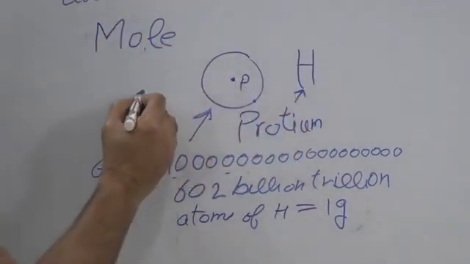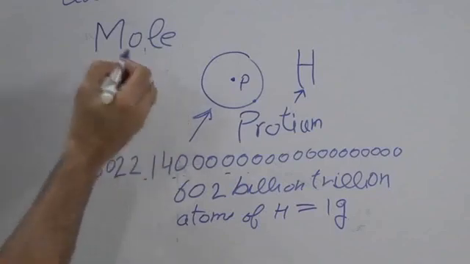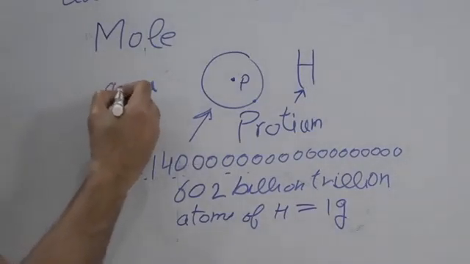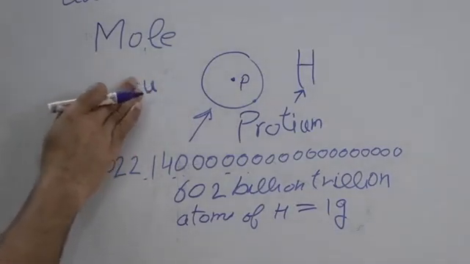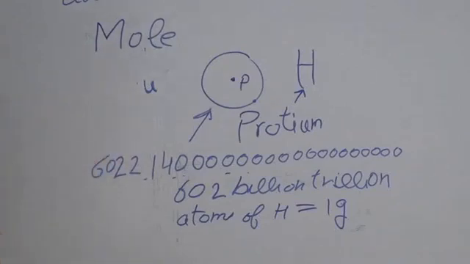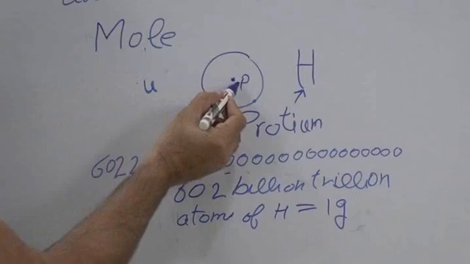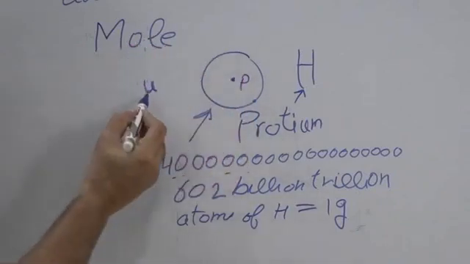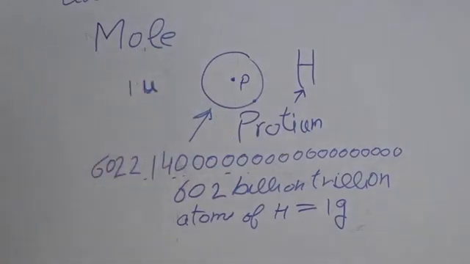To measure it, we use another unit, the symbol U. Earlier, we would say AMU, atomic mass unit. Now, we simply use the term U. Therefore, one protium atom weighs approximately 1 U. Approximately, not exactly.